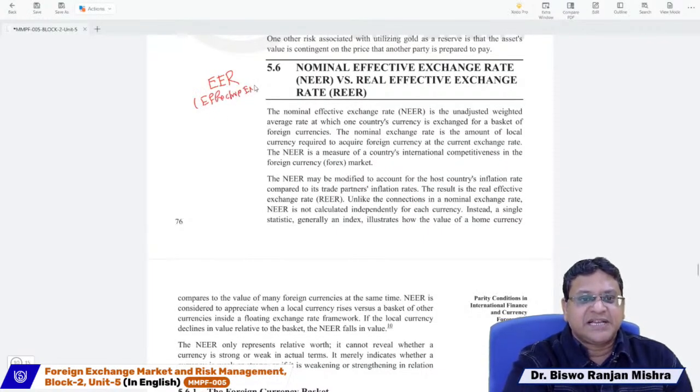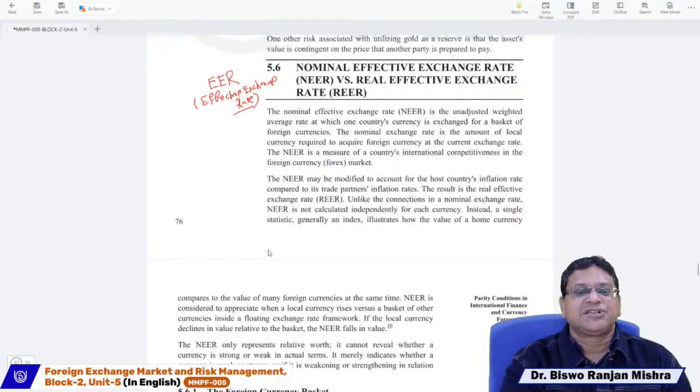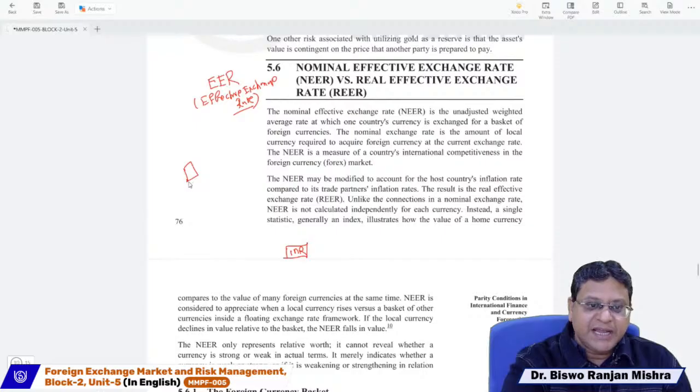Effective exchange rate is a technique to know the effectiveness of your currency or competitiveness of your currency against a basket of currency. Suppose your currency is INR, Indian rupees, and there is a basket of currency.